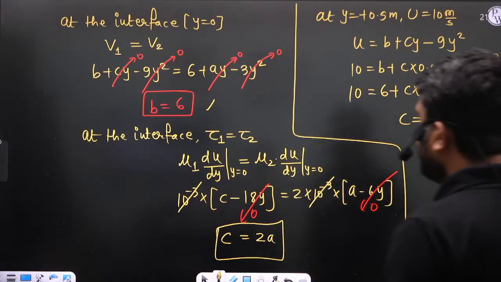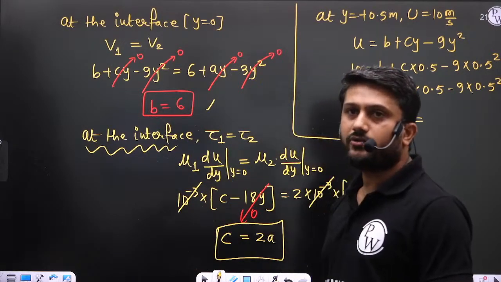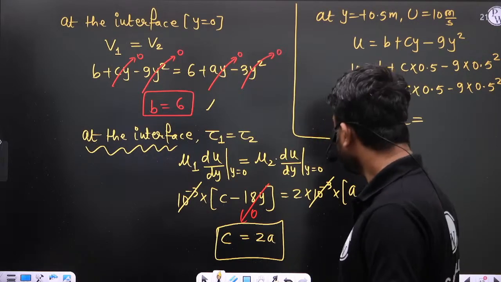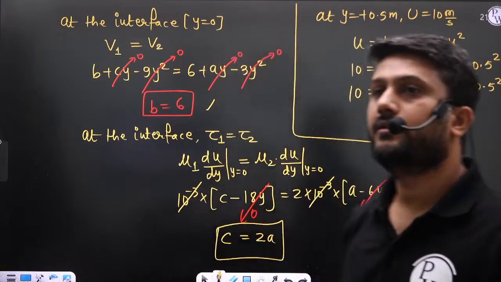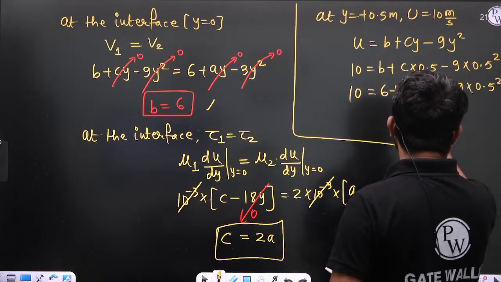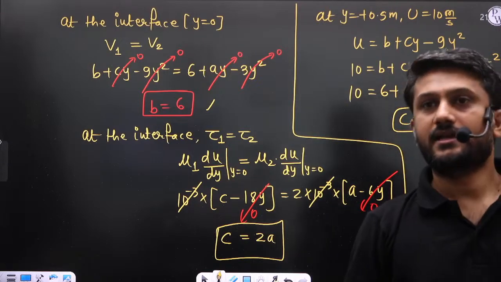Now calculate C. This is 10 plus 9 into 0.5 square minus 6, divided by 0.5. So C is equal to 12.5. Everyone getting this? C is equal to 12.5.